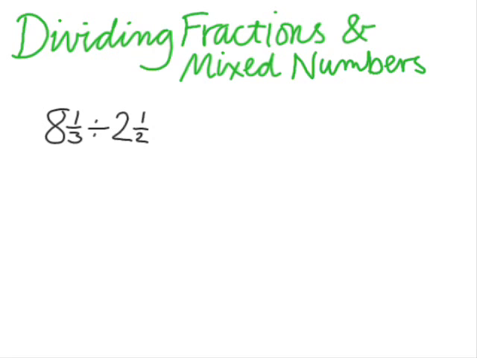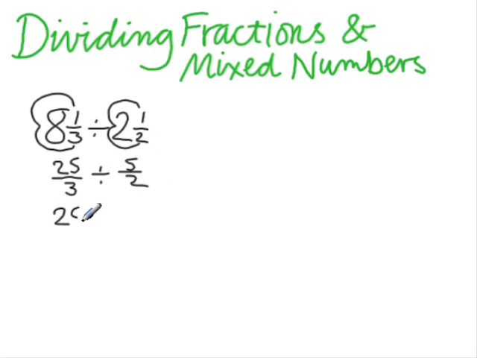Step 1, let's change them into fraction form. 3 times 8 is 24, plus 1 is 25. 25/3 divided by 2 times 2 is 4, plus 1 is 5/2.